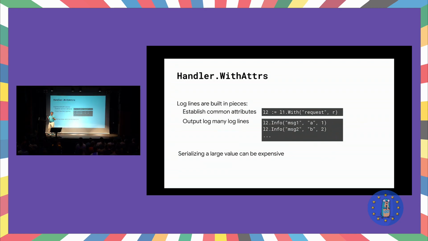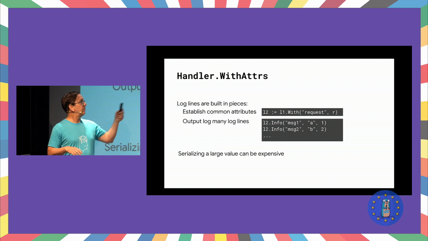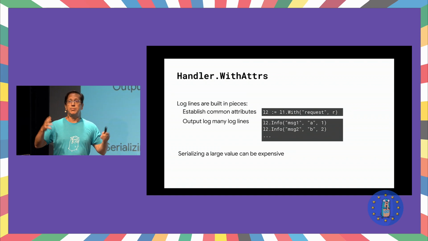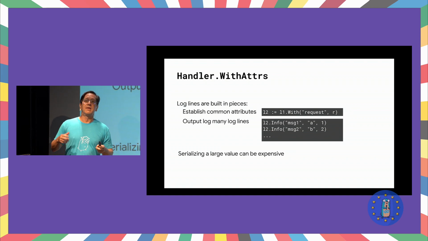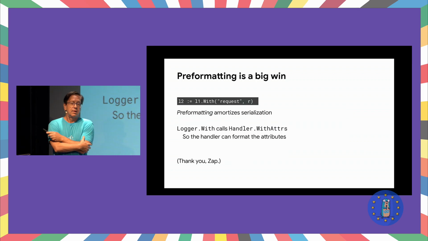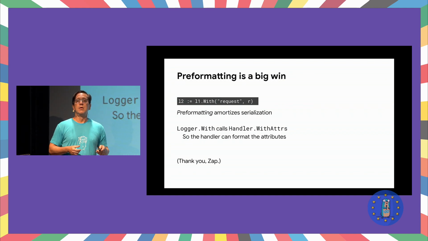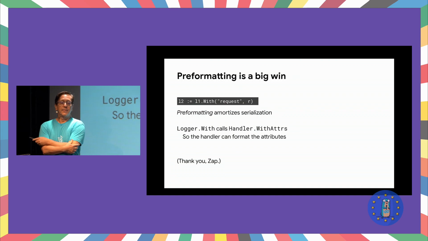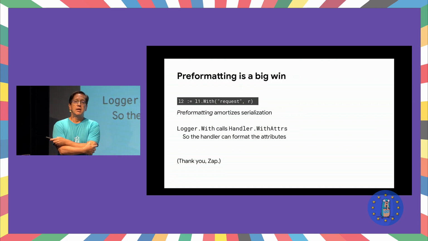Now, converting that R argument, the request, let's say it's an HTTP request, a pretty big thing, to a sequence of bytes might be rather expensive. So if we could pre-format, if we could do that conversion once when with is called instead of every time when you actually log, then we could get a big performance speed up. And that's an observation Zap made. And so I basically stole this and many other things for slog from Zap.